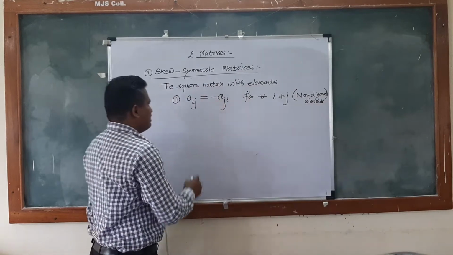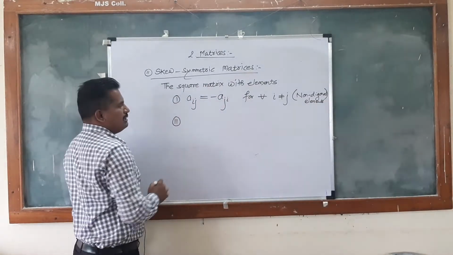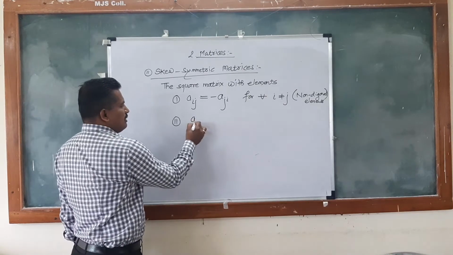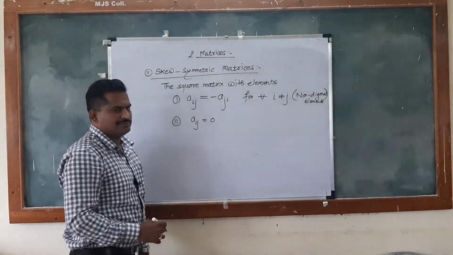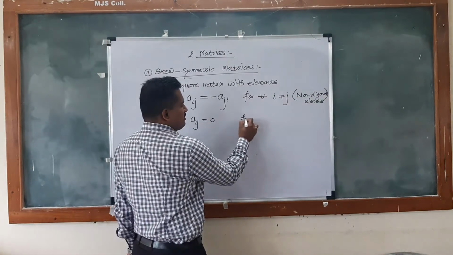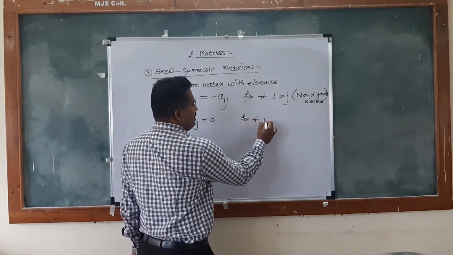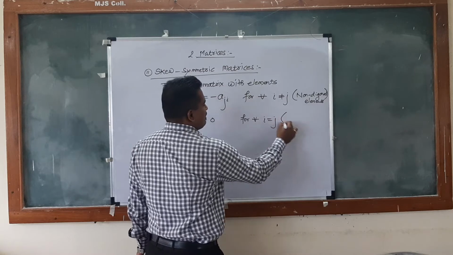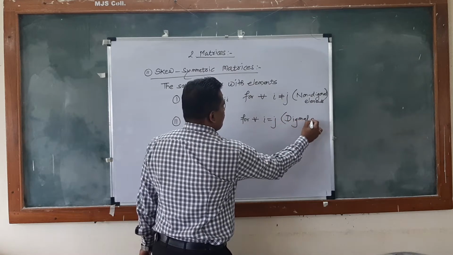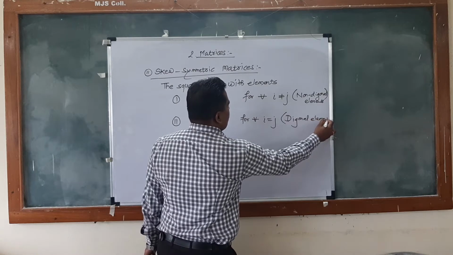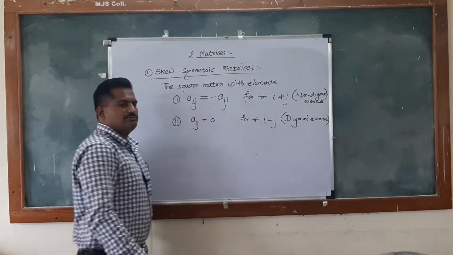And the second condition is Aij is equal to 0 for all i is equal to j. That means this restriction is on diagonal elements.